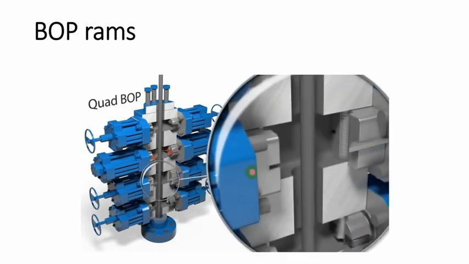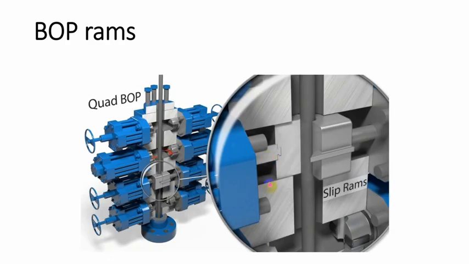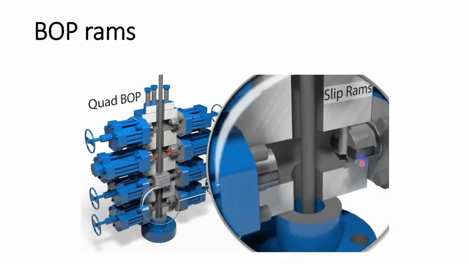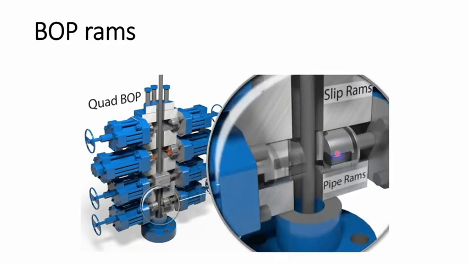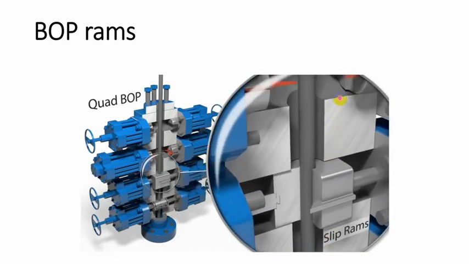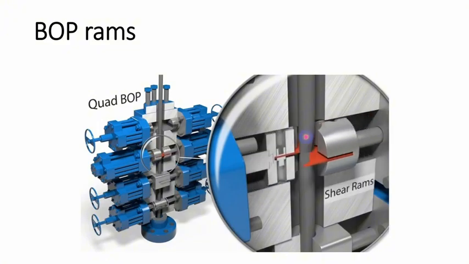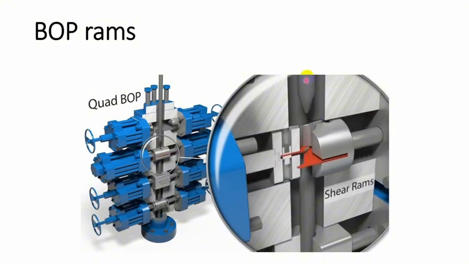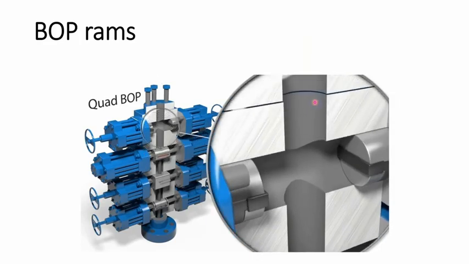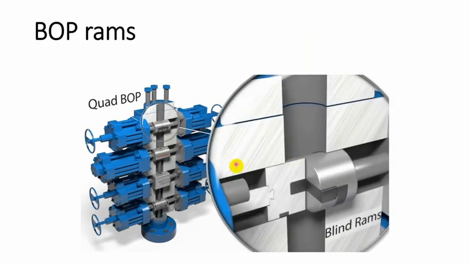You will close the slip ram to hold the coil tube in place. Then you will close pipe ram, see pressure. Then you close the shear ram to cut the coil tube. Then you pull out fully 3-4 feet. Then you close the blind ram with no coil tube across it.